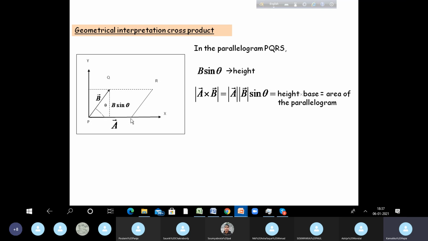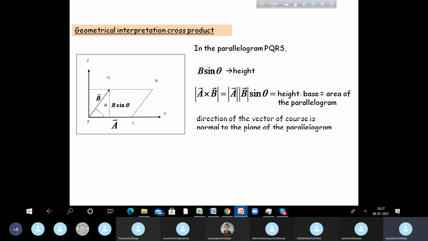So this is nothing but height into base, which means it is the area of the parallelogram. So the magnitude of the cross product of two vectors is nothing but the area of the parallelogram of which two sides are formed by the given vectors.